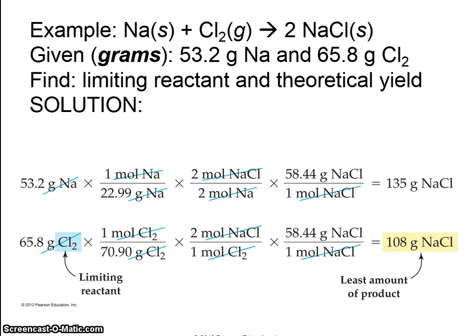When we do the math on this, cancel out all of the units, numerators from denominators, you'll see that we get 135 grams of sodium chloride if we use 53.2 grams of sodium, assuming that everything else is okay in the reaction. But we will also see that 65.8 grams of chlorine yields 108 grams of sodium chloride. And so that's the limiting amount of the product. And therefore, the chlorine gas, in this case, at 65.8 grams, is the limiting reactant.